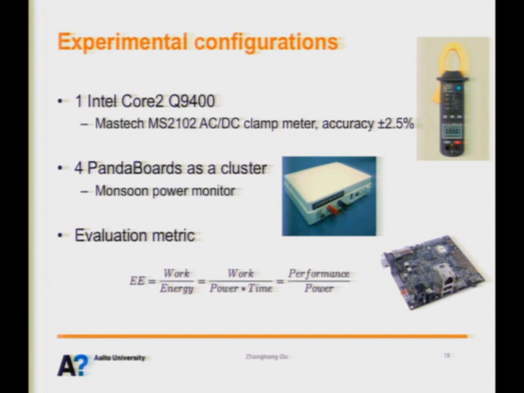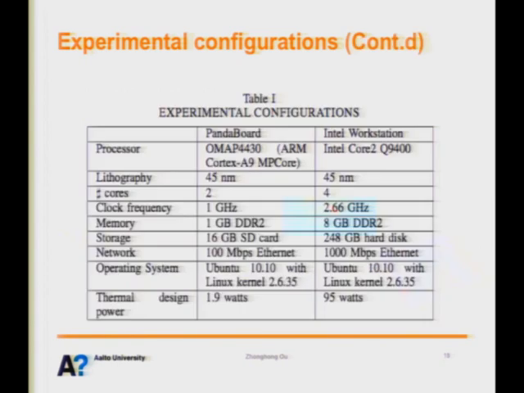So we use this EE. EE means energy efficiency index, which is work divided by energy, or performance divided by power. So here are the detailed configurations. I will not go into the details of these configurations, but basically the principle is that we try to use more or less the same configuration for both platforms.